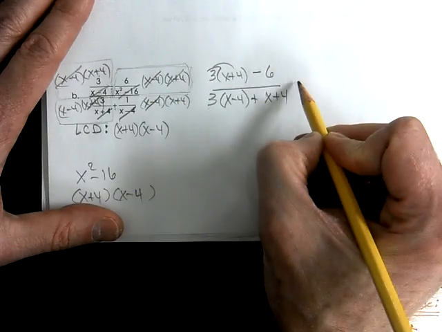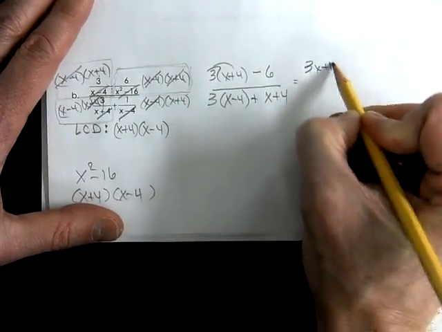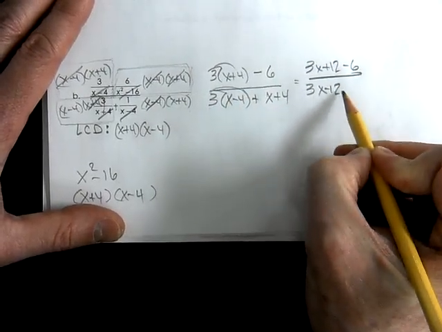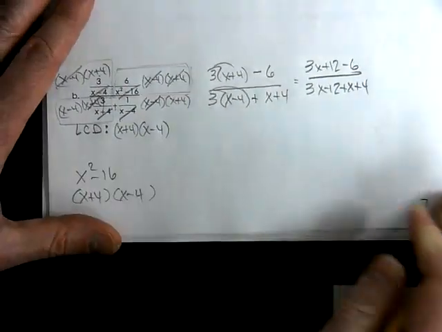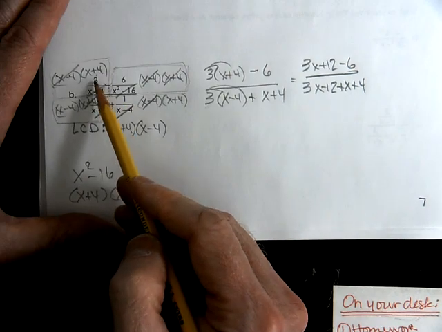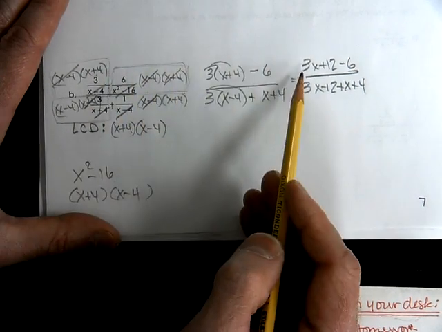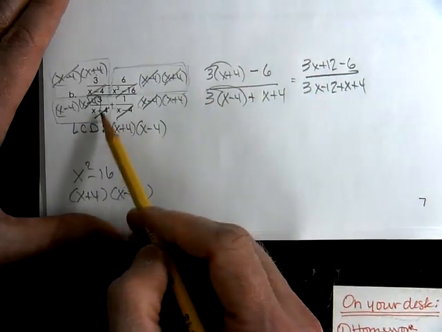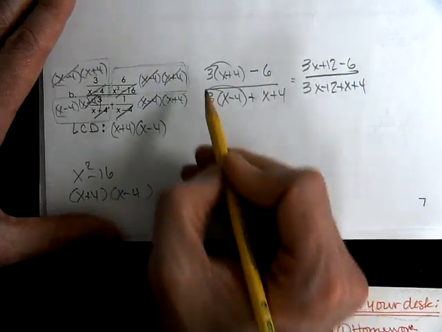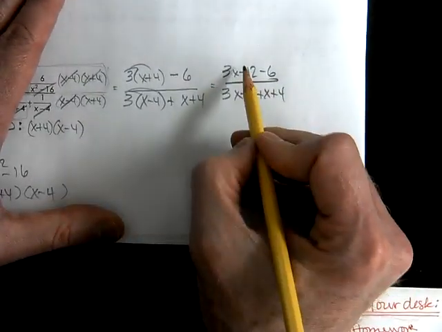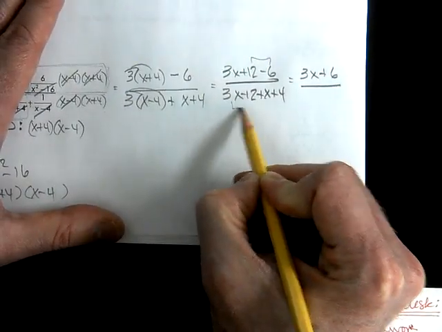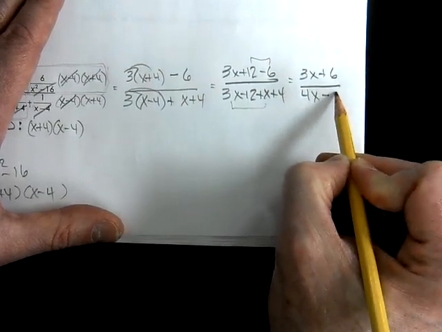So by distributing in, I get 3x plus 12 minus 6, 3x minus 12, and x plus 4. This is where some of you, if you're ready to do it all in one step, you would write it as 3x plus 12 minus 6. Distribute it when you write it, and you can skip this step in the middle if you think you're ready to do that. So your like terms, 3x plus 6, 4x minus 8.